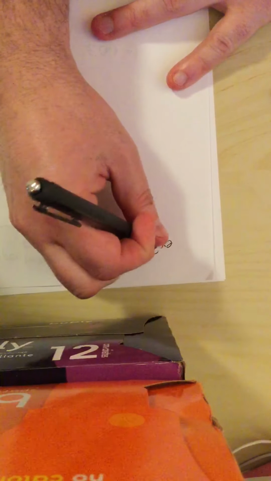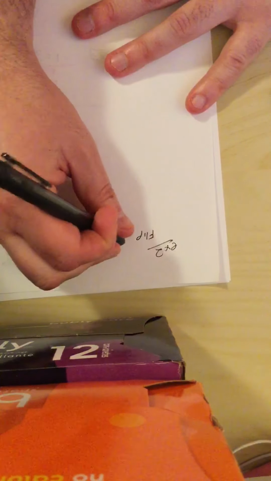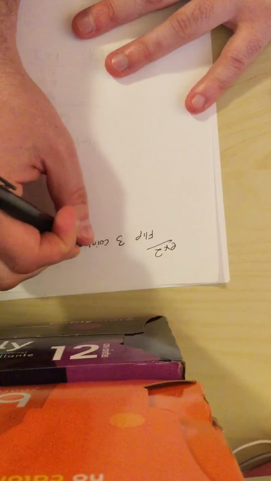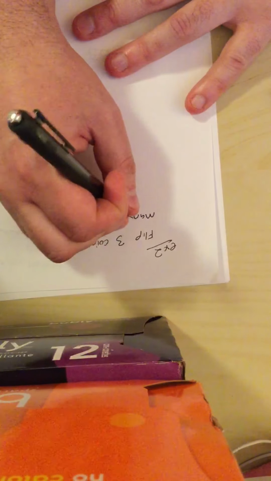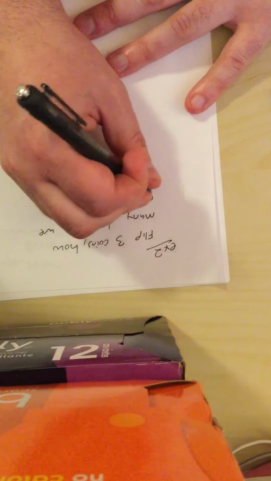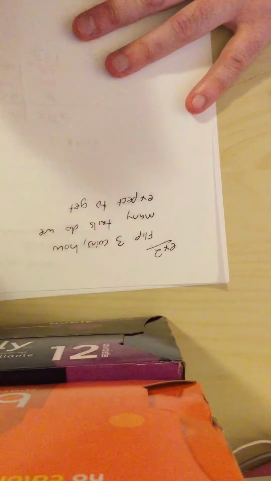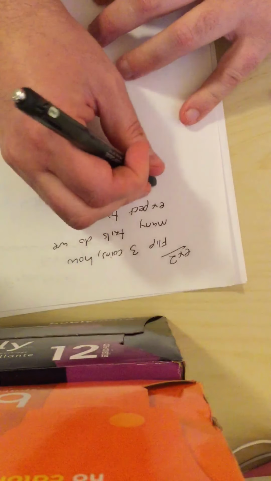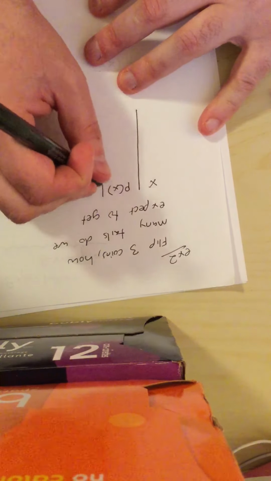Now, let's say instead we flip 3 coins. How many tails do we expect to get? Now, I'm not really going to explain the probability column.